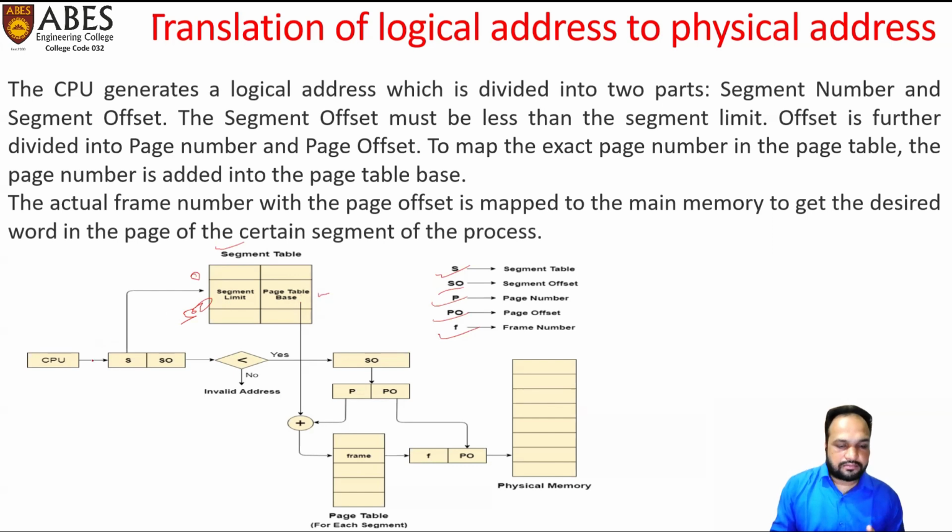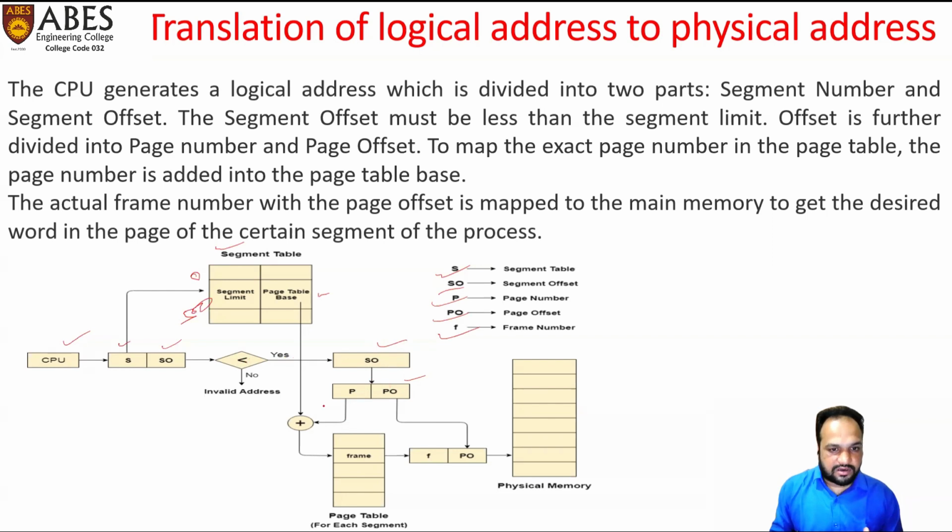And the CPU generates the logical address, that is the segment number and segment offset collectively. So the segment table has all the page table entries, and collectively it is checked with the base address. If it is lesser than the limit, then the segment offset will be further divided into the page number and page offset.